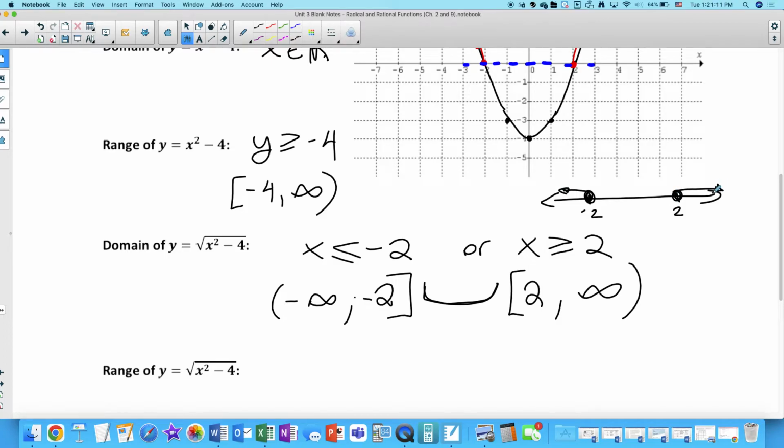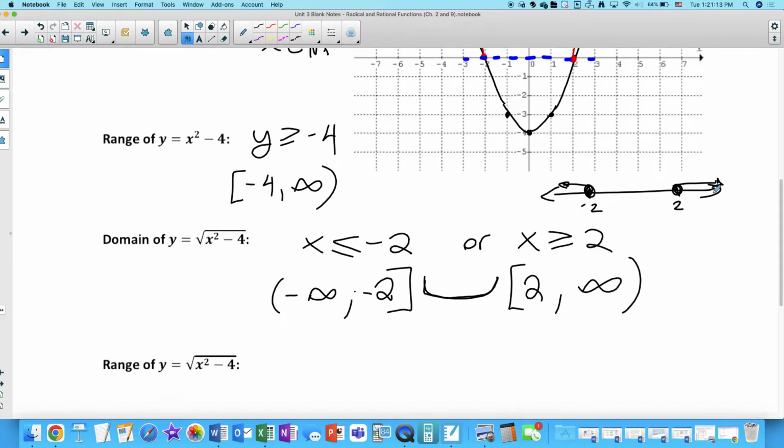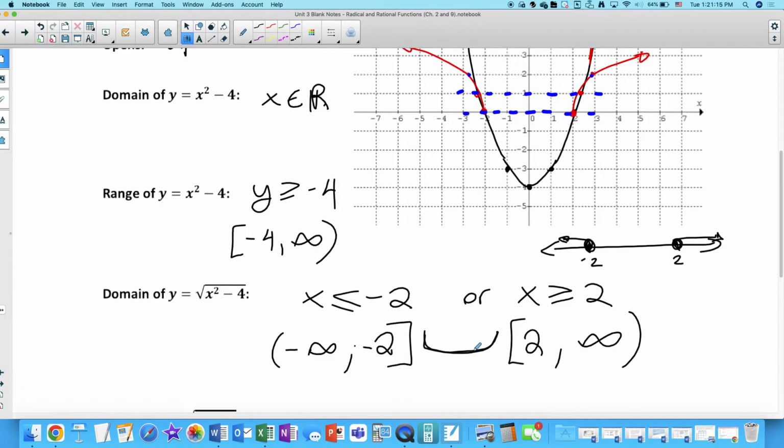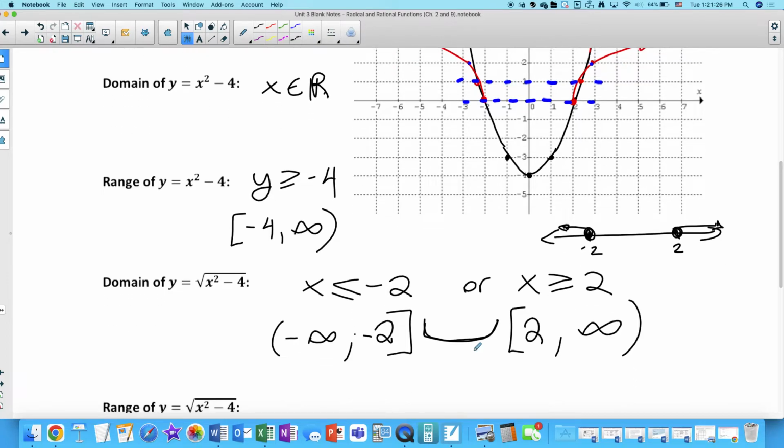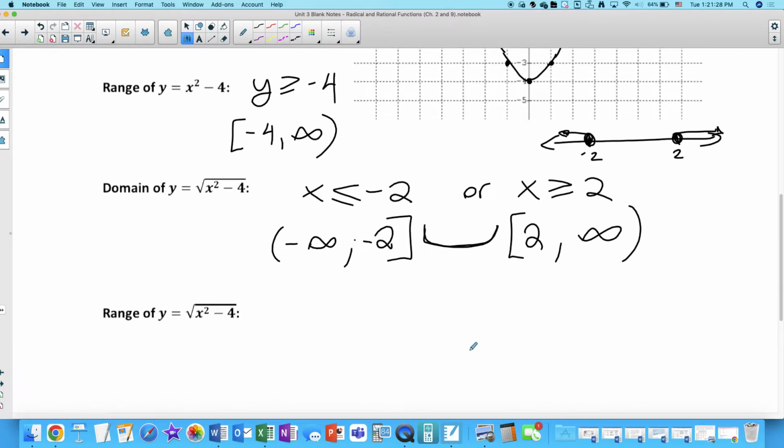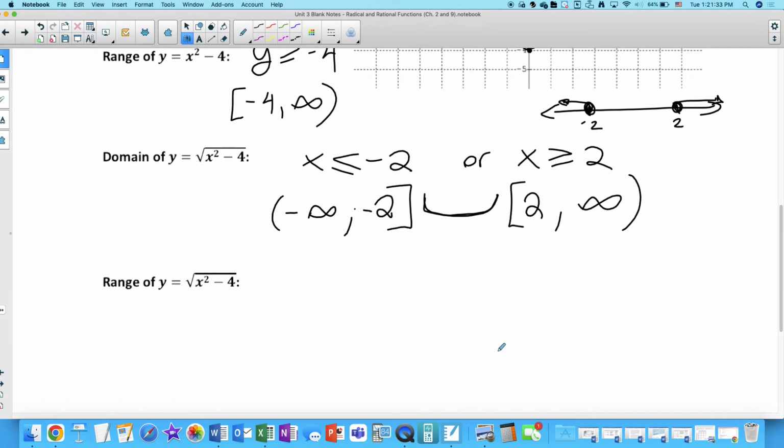Okay, I'll take a look in a sec. But in the meantime, let's talk about the range. What is the range of the radical function? Yeah, greater than or equal to 0.